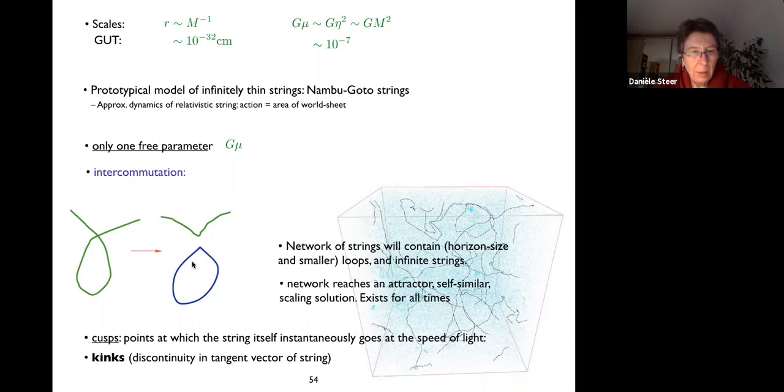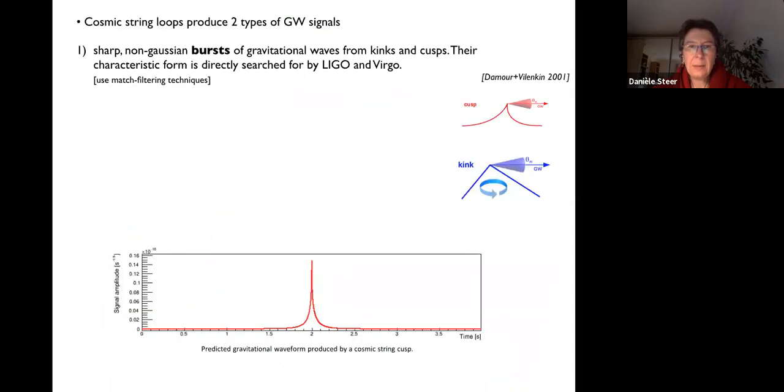And they also have other interesting points, which are discontinuities in the tangent vector, known as kinks, which can also produce gravitational waves. In fact, there are a number of experiments, in particular the LIGO-Virgo collaboration, that look for cosmic strings in two different ways. For strings which are close by, you can look for bursts of gravitational waves from these so-called kinks and cusps.